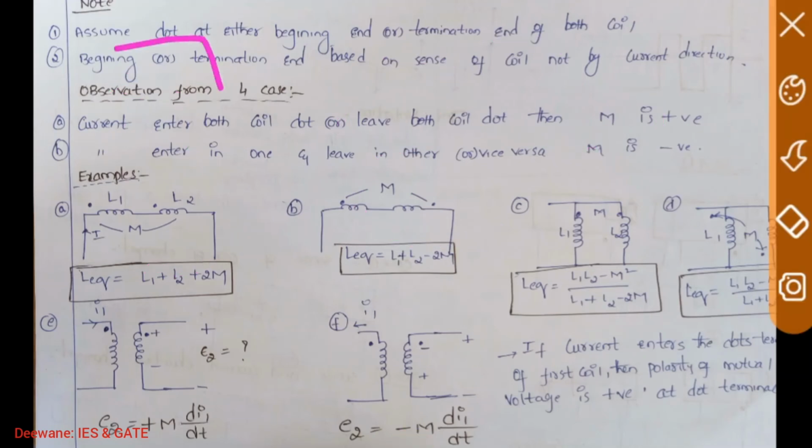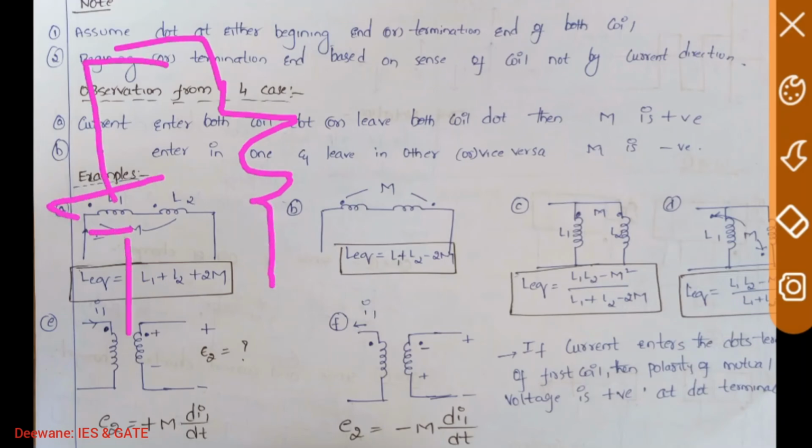See, if this is a resistor, and this is a source, a voltage source. For a source, current always leaves the positive terminal.